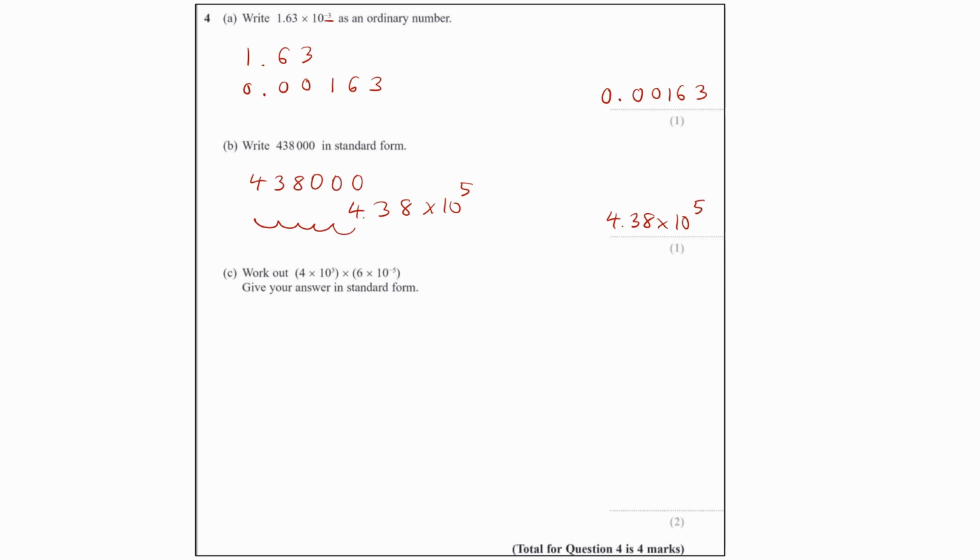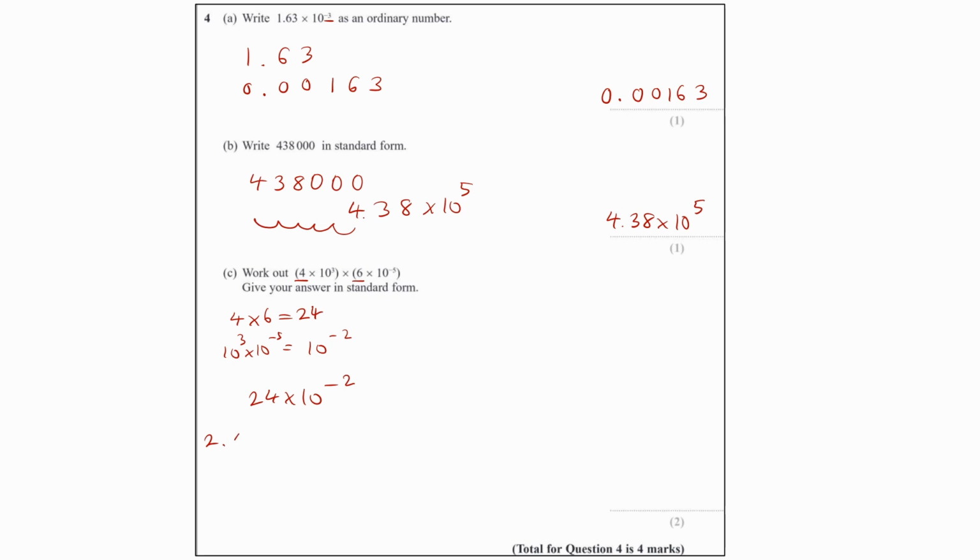Right, so we've got a calculation in standard form. So first of all, we do the 4 times the 6. 24. 10 cubed times 10 to the minus 5 equals 10 to the minus 2. So we wind up with 24 times 10 to the minus 2. Now this is not in standard form, so I'm going to write 24 in standard form.